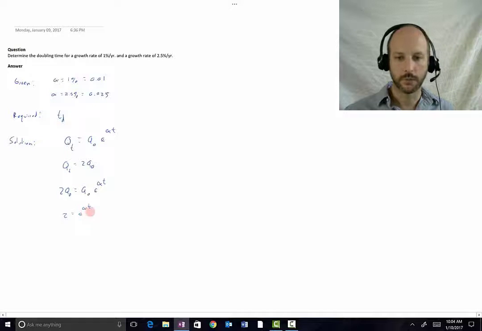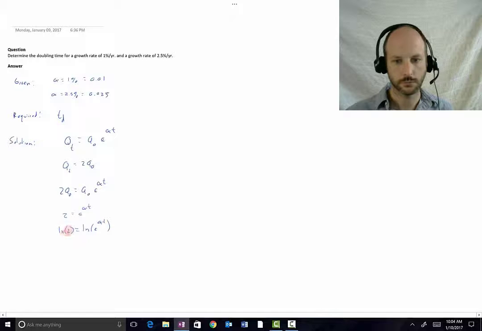Now we need to get rid of the exponential term. To do that, we use the natural logarithm, since we have Euler's number, the e, the natural number. So ln of 2 on the left hand side, and ln of the right hand side just results in alpha t, but I'll write it all out here. So we got ln of 2 equals alpha t just by doing our exponential math.